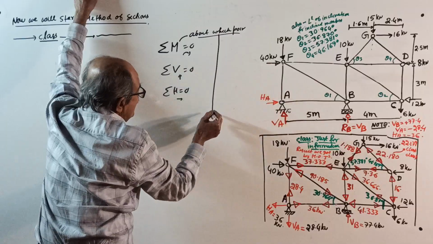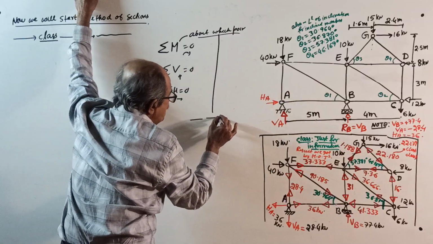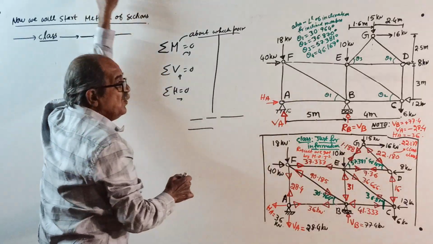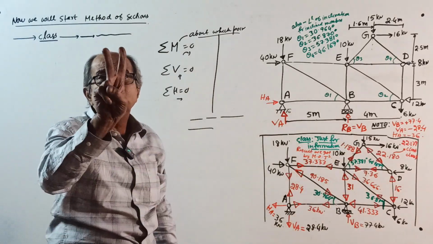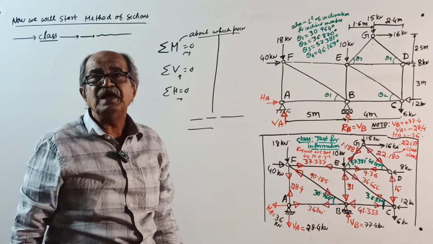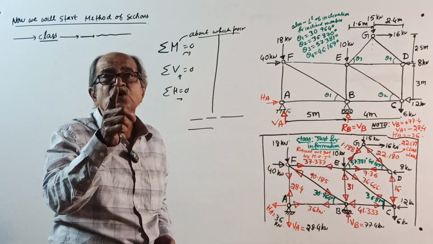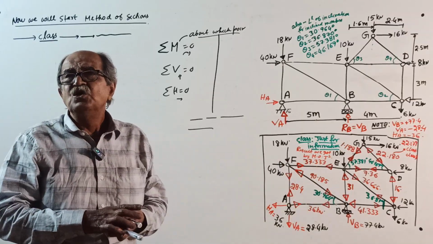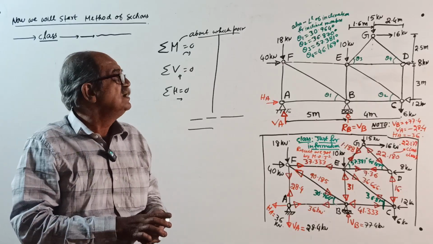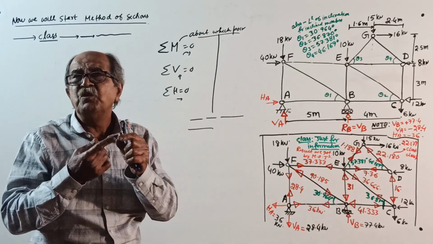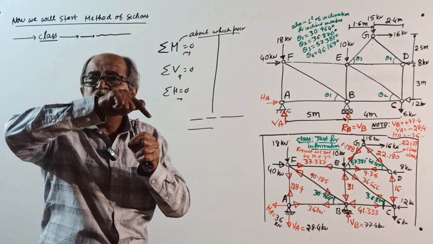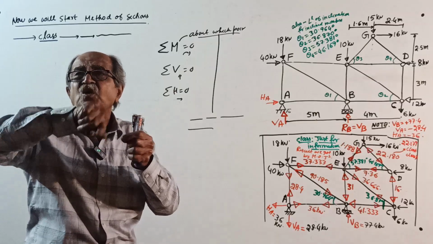I will dictate here: always take moment about the point where two unknown forces are meeting. So that when you take moment about that point, the moments of those two unknown forces will be 0.